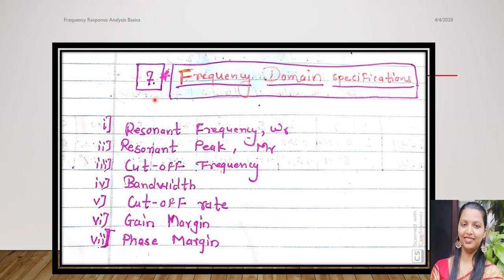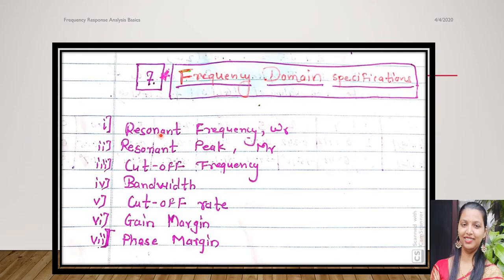Point number 7, frequency domain specifications. The following specifications are used to measure the performance characteristics of a system in the frequency domain.